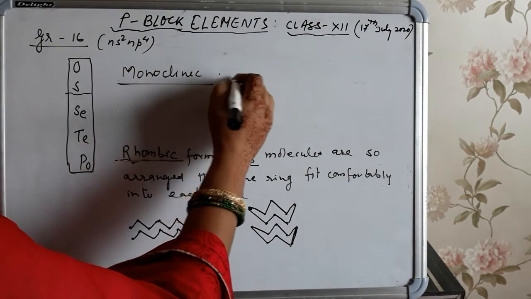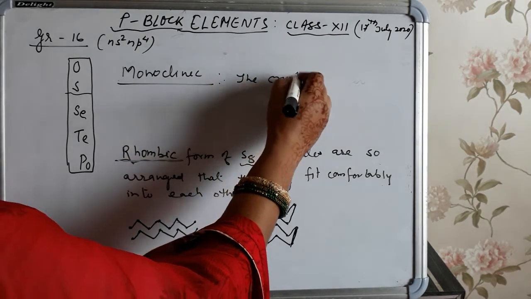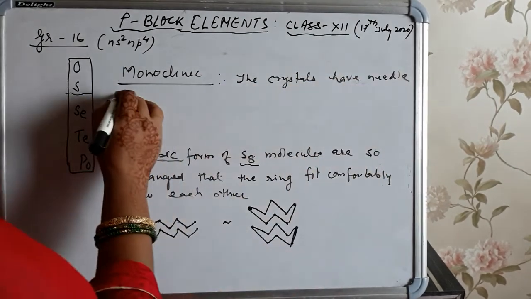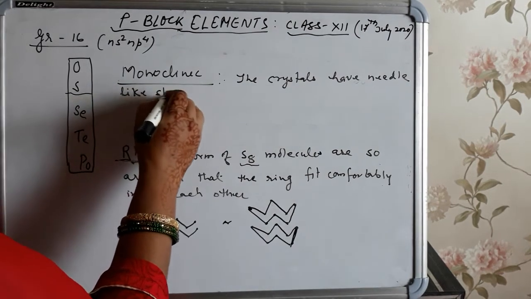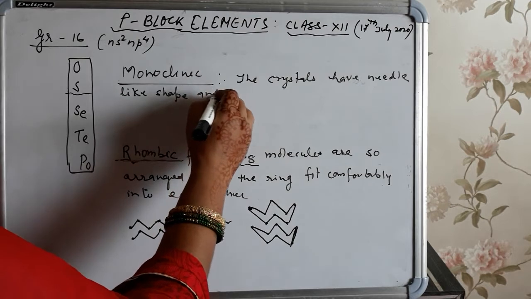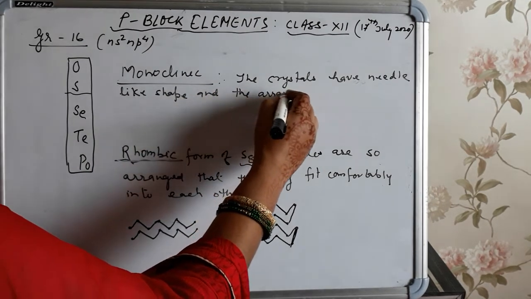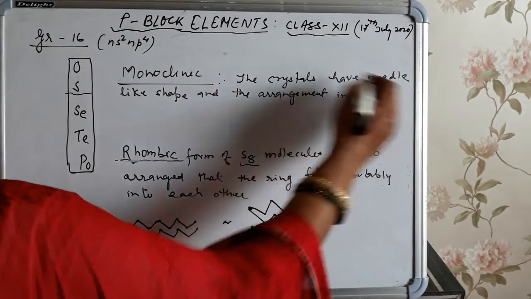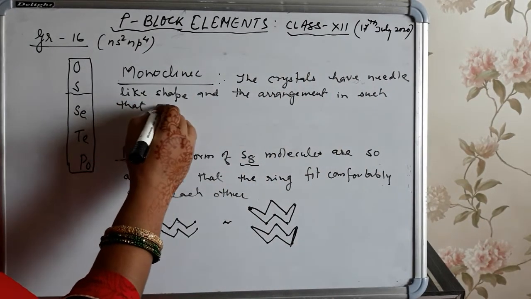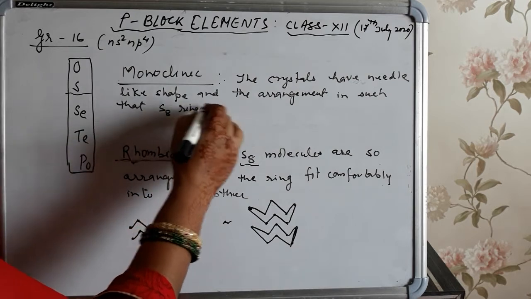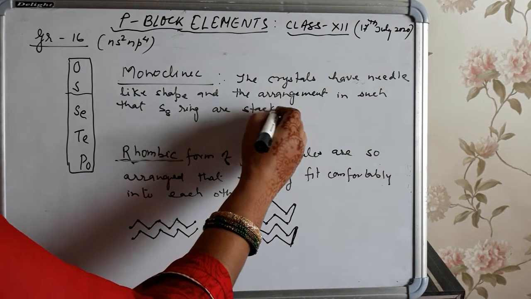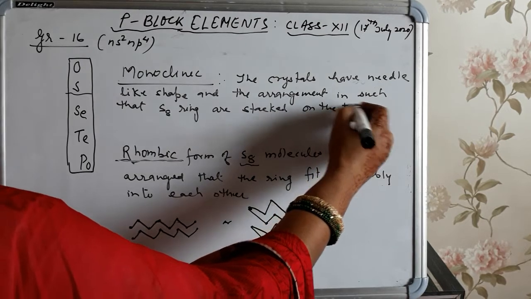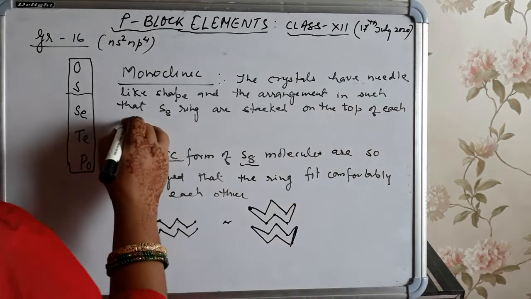Students, in monoclinic sulfur, the crystals have a needle-like shape, and the arrangement is such that the S8 rings are stacked on the top of each other.